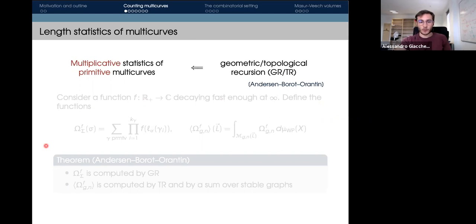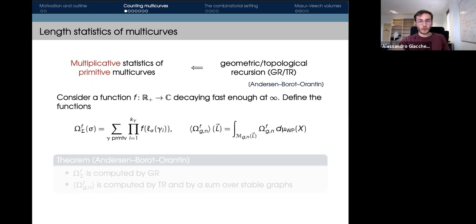So let me recall what I mean by this. So first of all, let me fix a function f that is decaying fast enough at infinity. And we can then consider the following function on the Teichmüller space that depends on this choice of f. And this is a sum over all primitive multicurves, so multicurves without multiplicity, if you want.